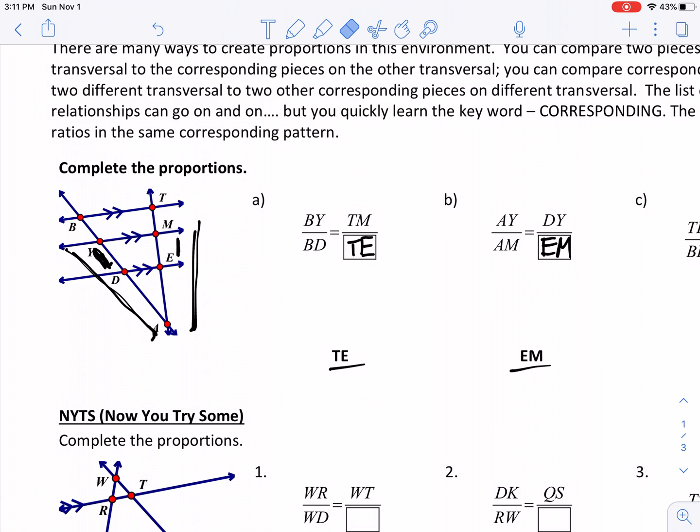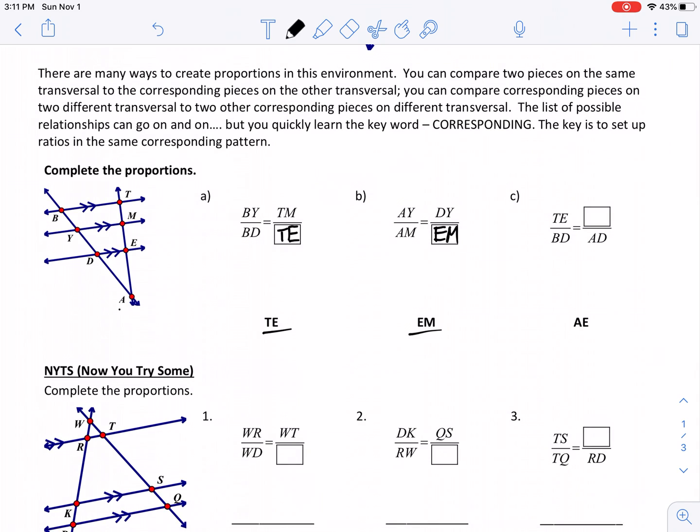Okay, now last one, just to recognize the corresponding part, it says TE over BD. So TE is over here over BD, so its corresponding part there. So TE over BD, that's the same thing as blank over AD. Let's find AD. AD is right there, okay?